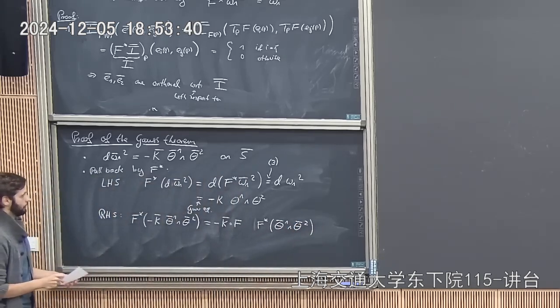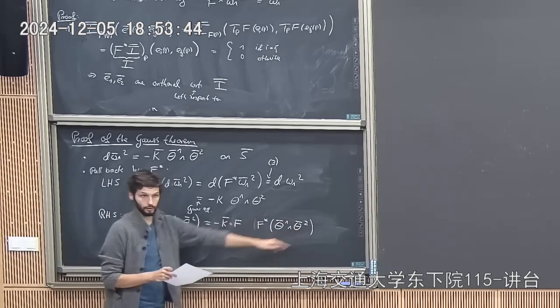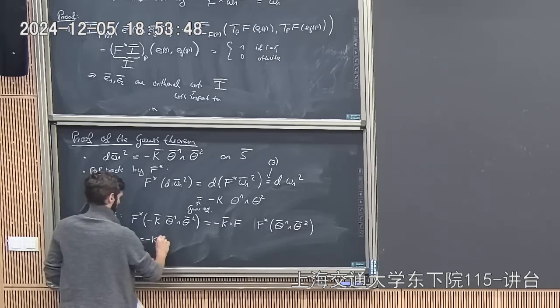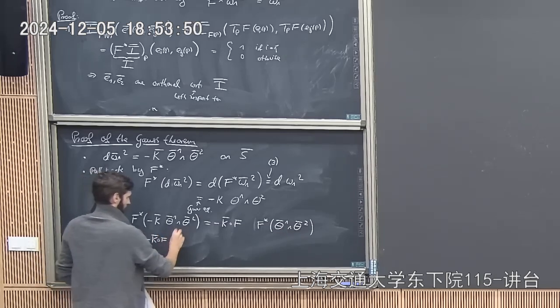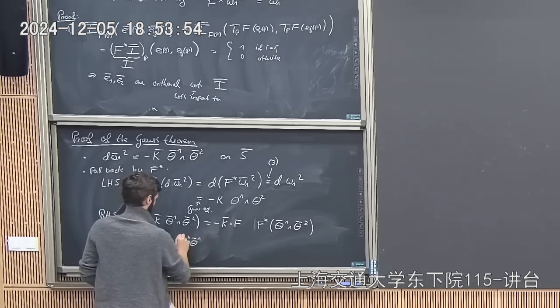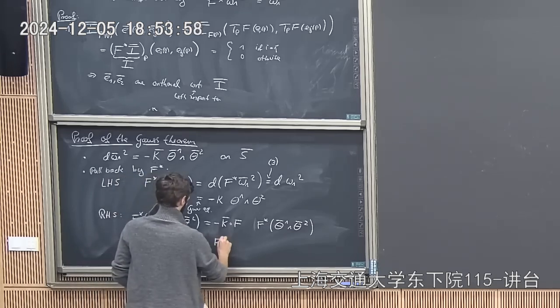So now we use the trick that we can interchange F star with the wedge product. So what we get here is minus K composed with F times F star theta 1 wedge F star theta 2.